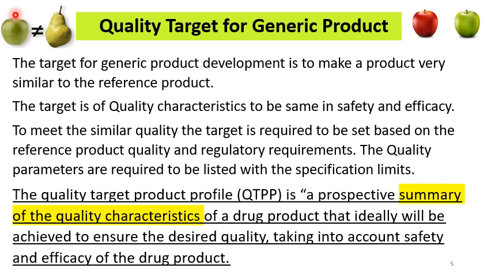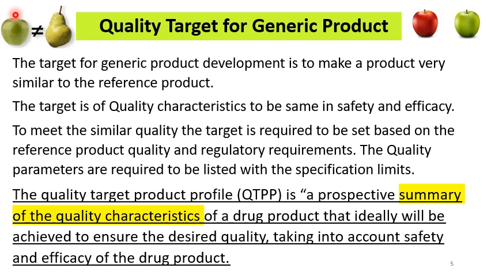That's why the quality parameters are listed down and their target is set. This target is set based on the compendial requirements, based on the RLD characteristics, and based on the regulatory requirements.